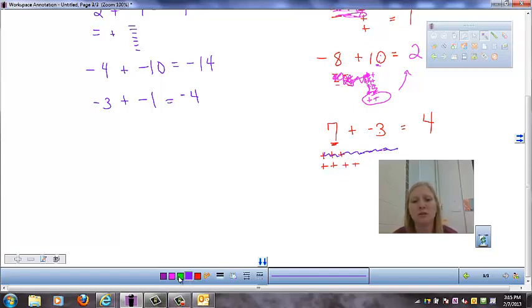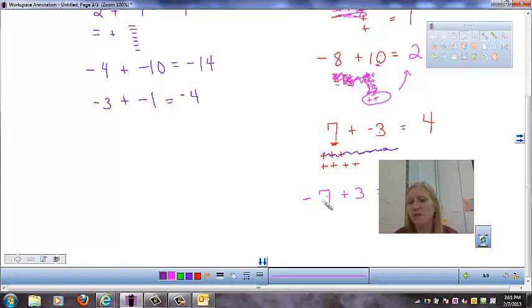Now I'm going to switch that around and see if you can handle one like this. What if I made it negative 7 plus 3? Ooh, that one's different. You still subtract 7 minus 3. What is 7 minus 3? It's 4. But this time, the 7 has the negative, and it's the bigger number.